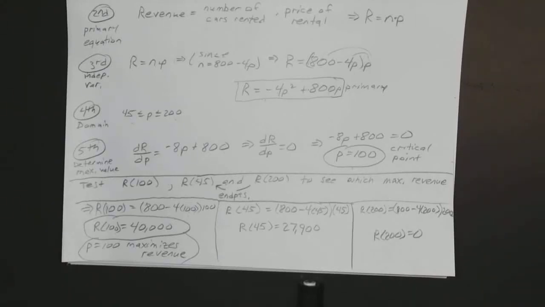When it goes through the domains, if you're looking for the maximum, will the larger of the domain always be the maximum? And then the minimum, the smallest number, would always be 0? Not always. Just so happens on this one. Sometimes it's possible, depending on what the equation for the number of cars is, that the 200 would have given you the maximum revenue.